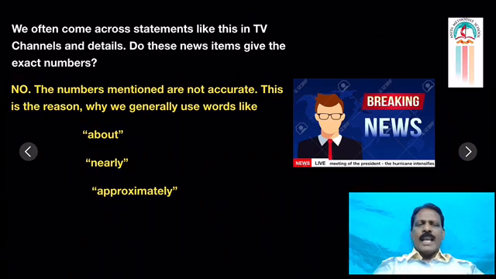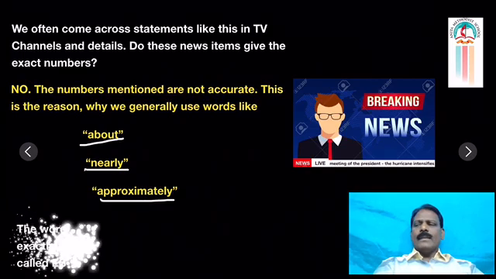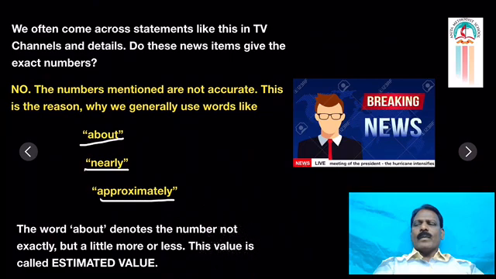This is the reason why we generally use words like about, nearly, approximately. The word about denotes the number, not exactly, but a little more or less. This value is called estimated value.